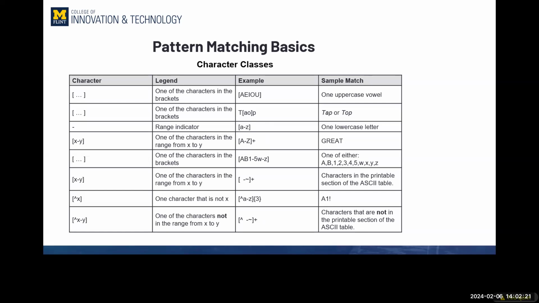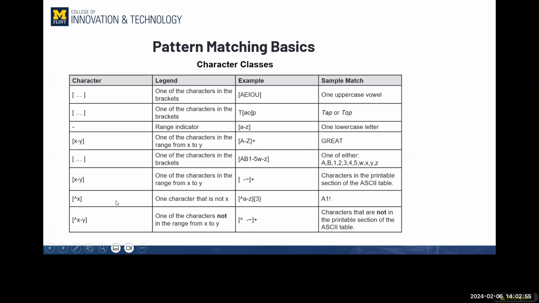That means we can find A, B, C, and they should all be capitals. At least one, we will find one capital character in this range. For example, GRADE. As you can see, it contains the G, the R, the A, the D, and the E, which is one or more occurrences of these capital letters.